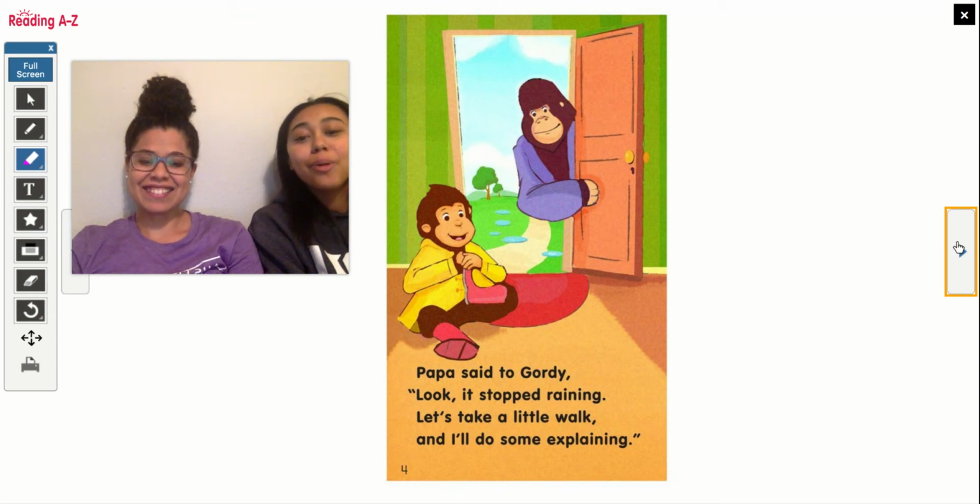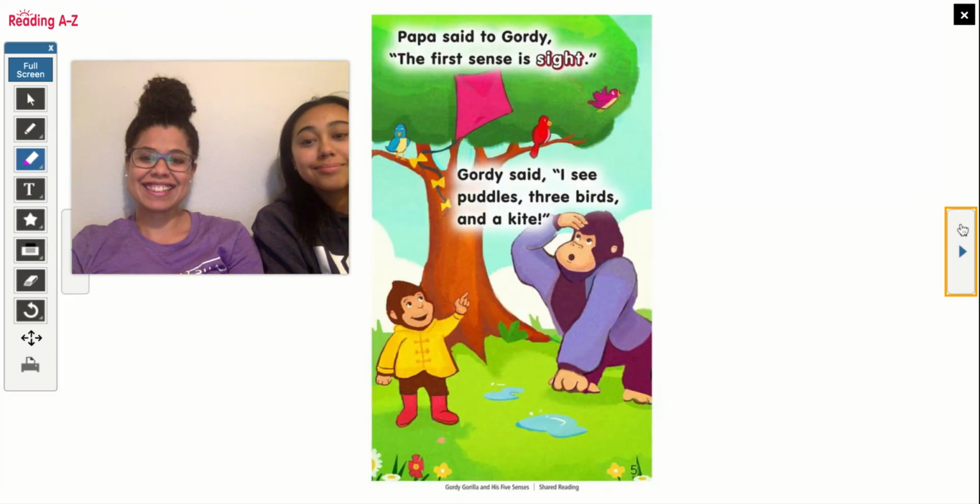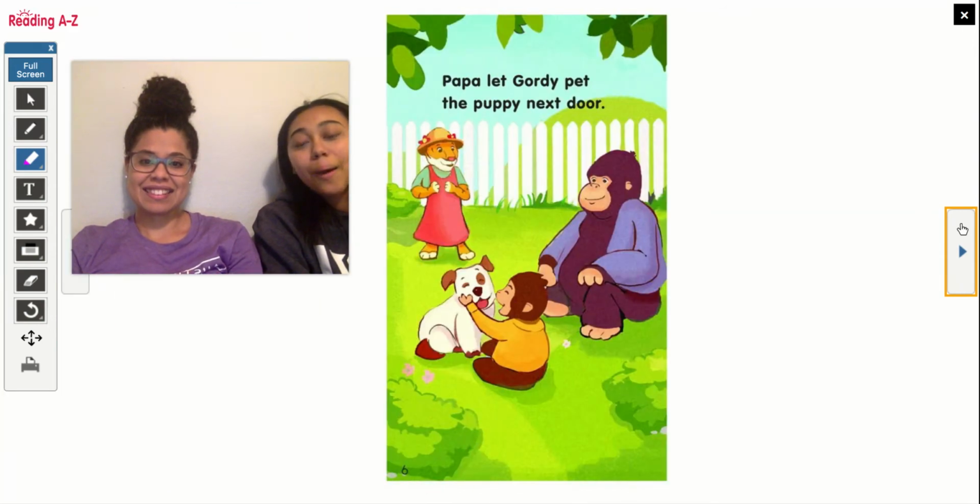Let's take a little walk and I'll do some explaining." Papa said to Gordy, "The first sense is sight." Gordy said, "I see puddles, 3 birds, and a kite." Papa let Gordy pet the puppy next door.